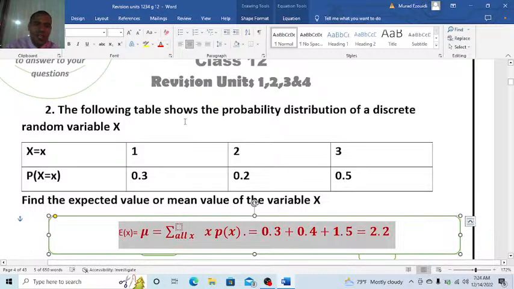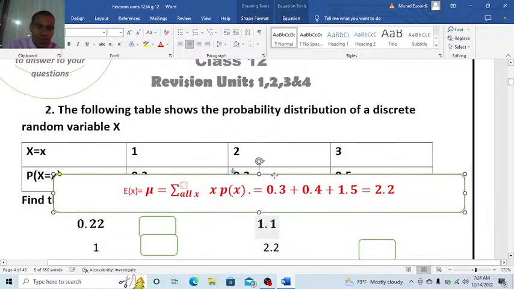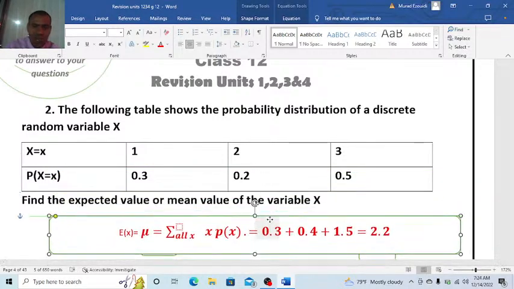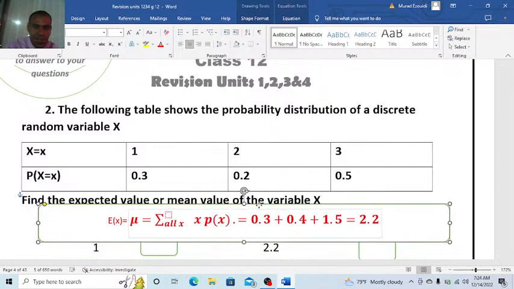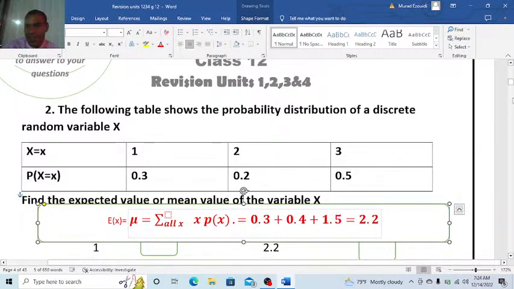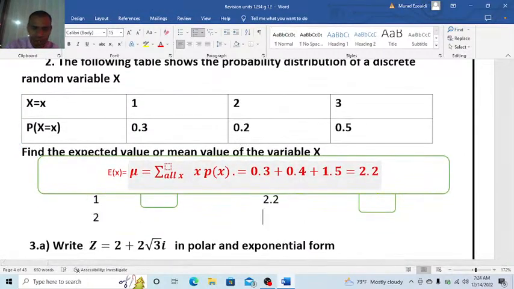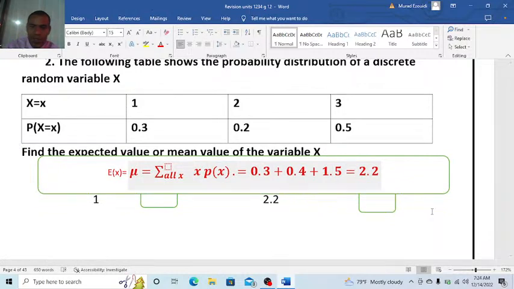And here you have the options, which are 0.2, 22, or 1.1, or 1, or 2.2. So the correct answer, my learners, is 2.2. Clear? Now we'll move to the next question. So I'll just write this down.